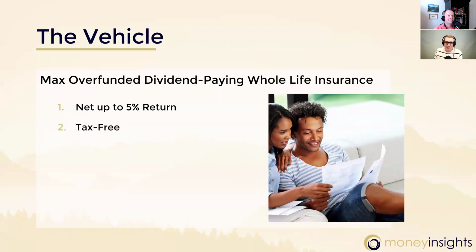Now, the second thing that we're able to do is have this be completely tax-free growth and tax-free use of the money. So especially for high income earners, that 5% tax-free could be equivalent to 7, 8, maybe even 9% taxable. Now, the other two primary benefits are the safety and the predictability.